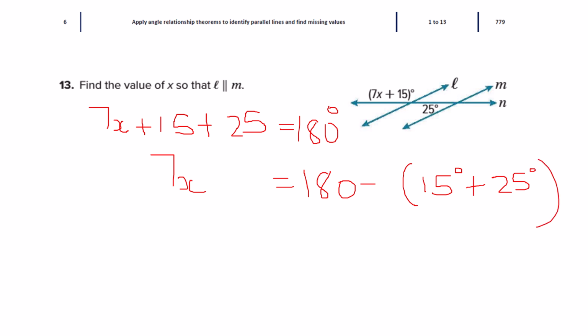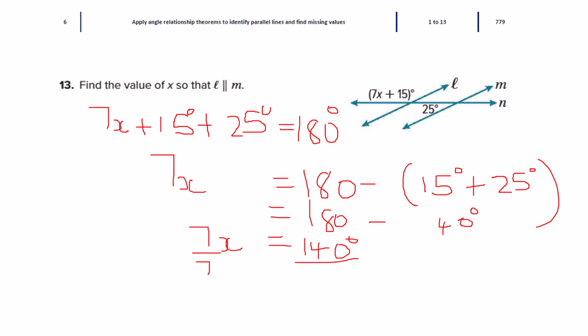Quickly grab your calculators and find the value of 15 plus 25, and it should give you 40 degrees. So 180 minus 40 gives you 140 degrees. So 7x is equal to 140 degrees. Divide by 7 on both sides of the equation. 7 cancels with 7. X is therefore equal to 20 degrees.